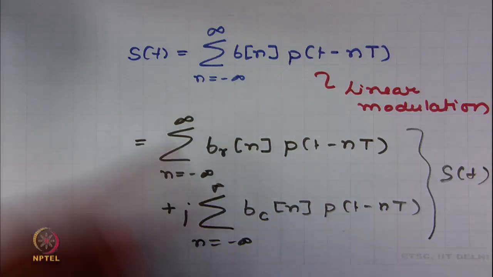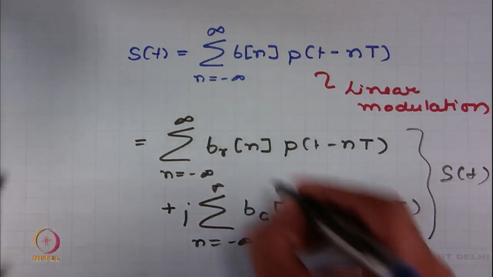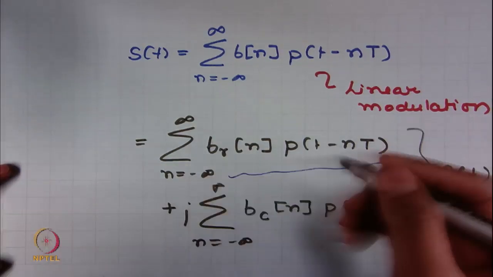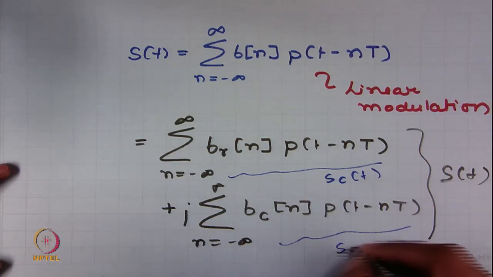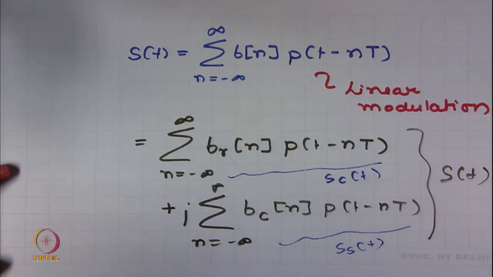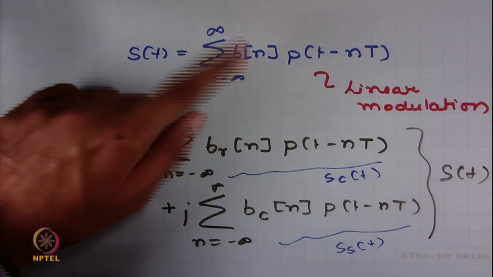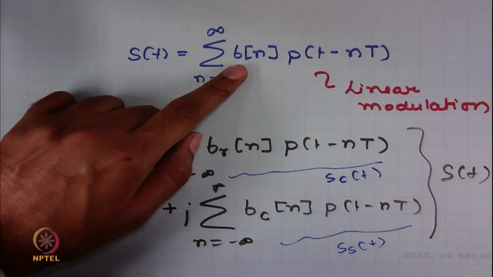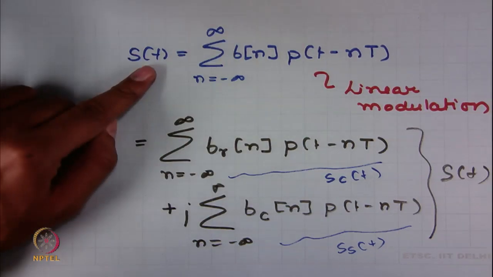So, it is simple. We can assume these numbers to be complex numbers, and if we assume these numbers to be complex, you see that s(t) is a complex waveform.